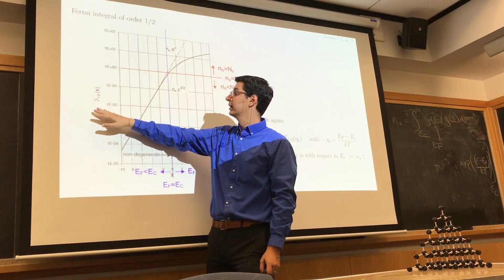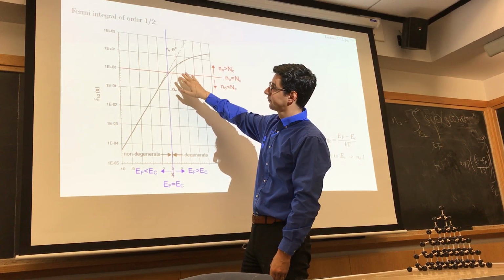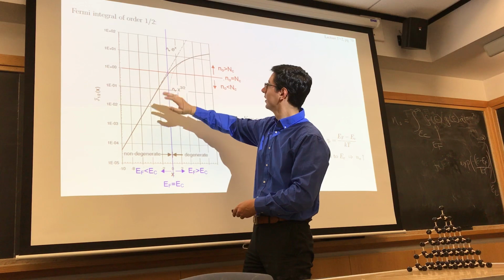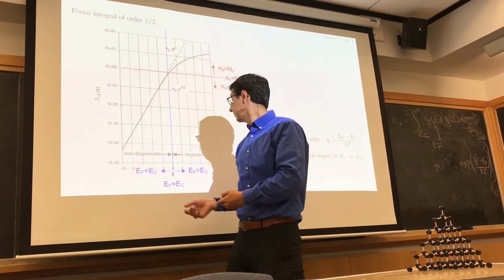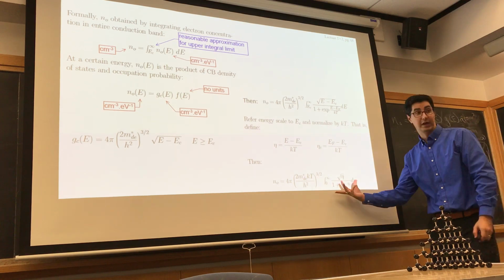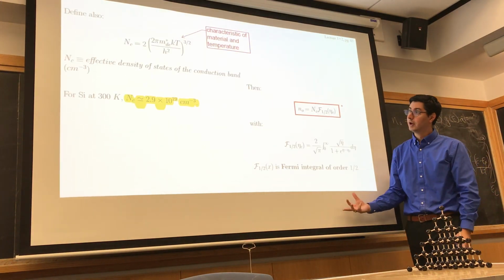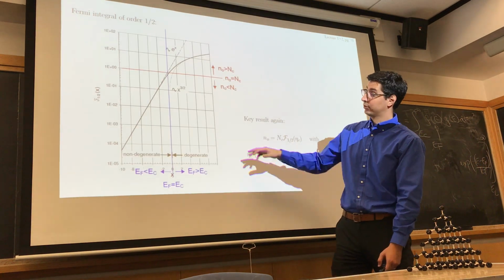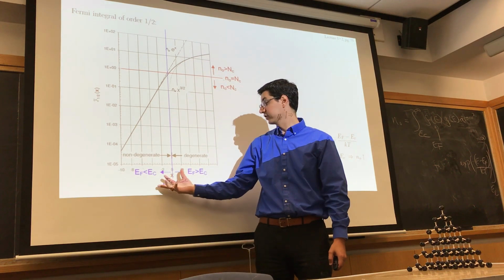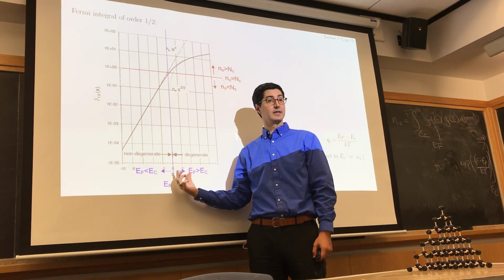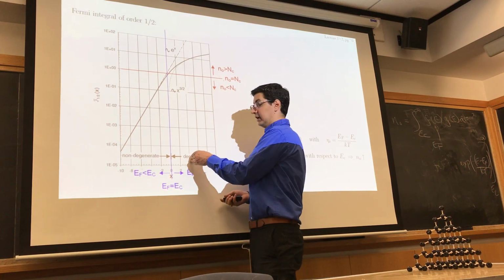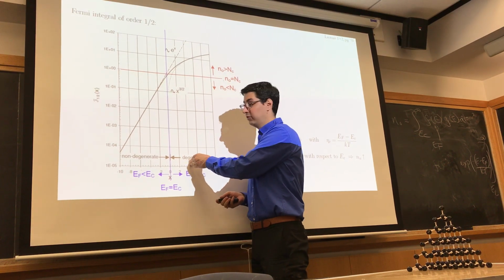So this is just plotting the exact integral. Okay? So here I have this Fermi-Dirac integral. I'm plotting that Fermi-Dirac integral as a function of EC minus EF. Here, EF is in the conduction band.